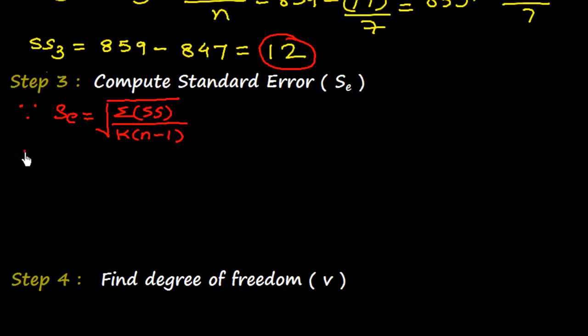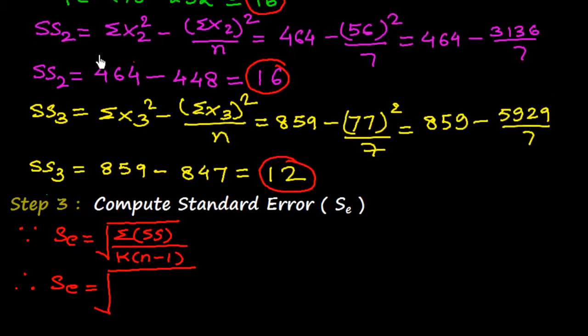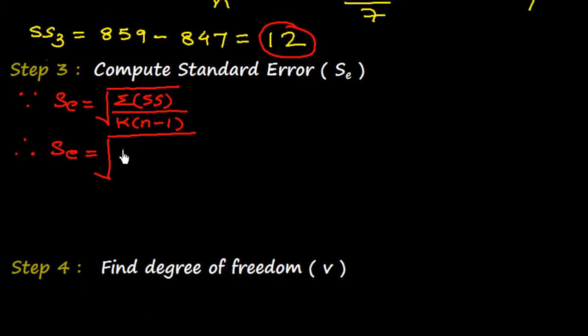So I put down the values here. SE is equal to summation of SS. We know the SS we have got here: SS1, SS2, SS3. We have to put down all these, 16 plus 16 plus 12. Number of groups, we know that there are 3 groups A, B, C. 3 we have to write down. n is the number of observations in each group, which is 7, so 7 minus 1.